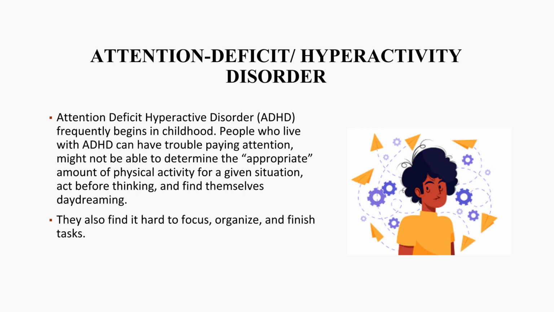They also find it hard to focus, organize and complete or accomplish a task. ADHD is again treatable and it is one of the most common childhood mental disorders. It can continue through adolescence and adulthood. People diagnosed with ADHD may have trouble paying attention, controlling impulsive behaviors, and being overactive.